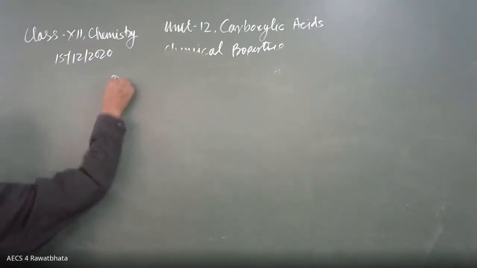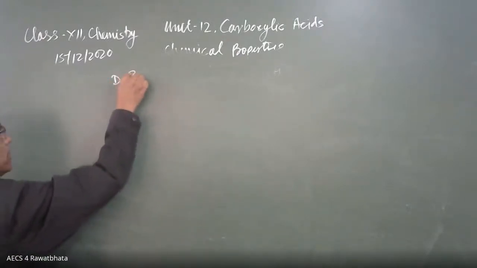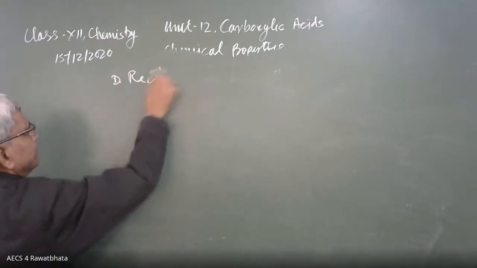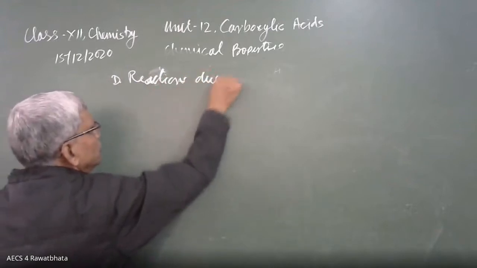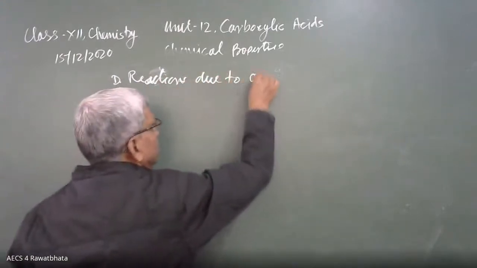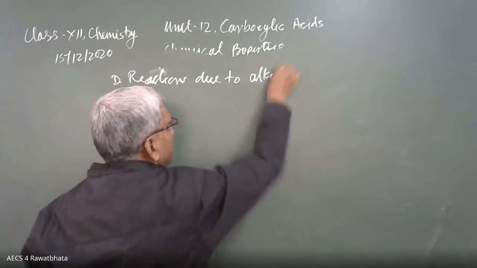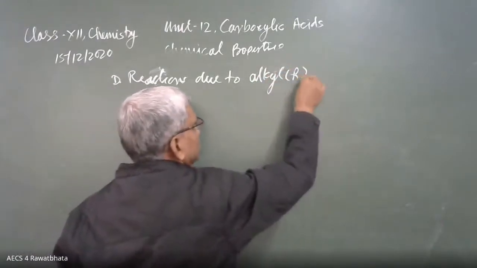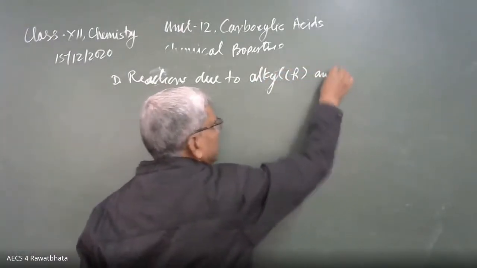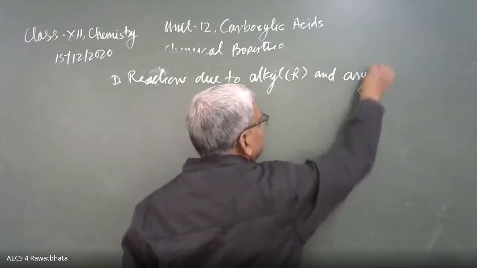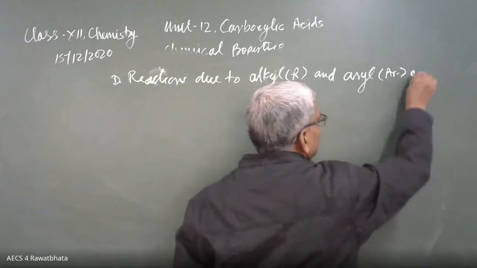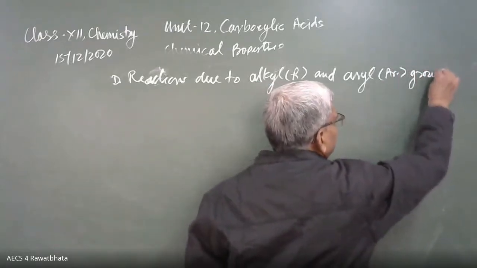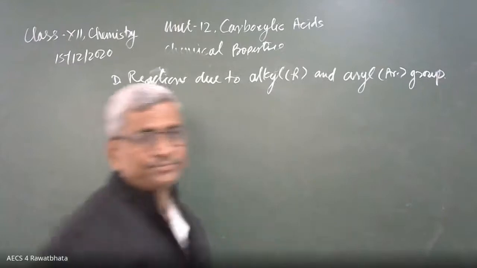So the D type of reaction is reactions due to the alkyl R and aryl Ar group of carboxylic acid.